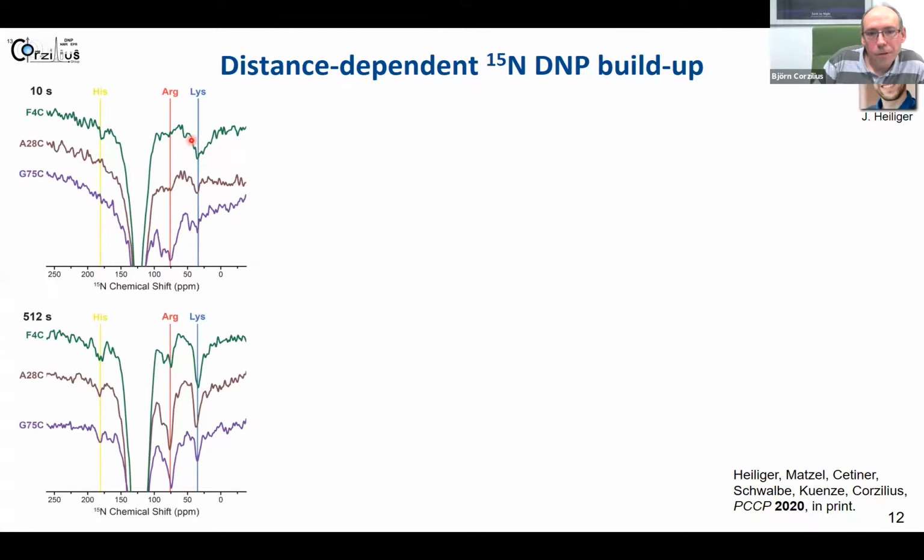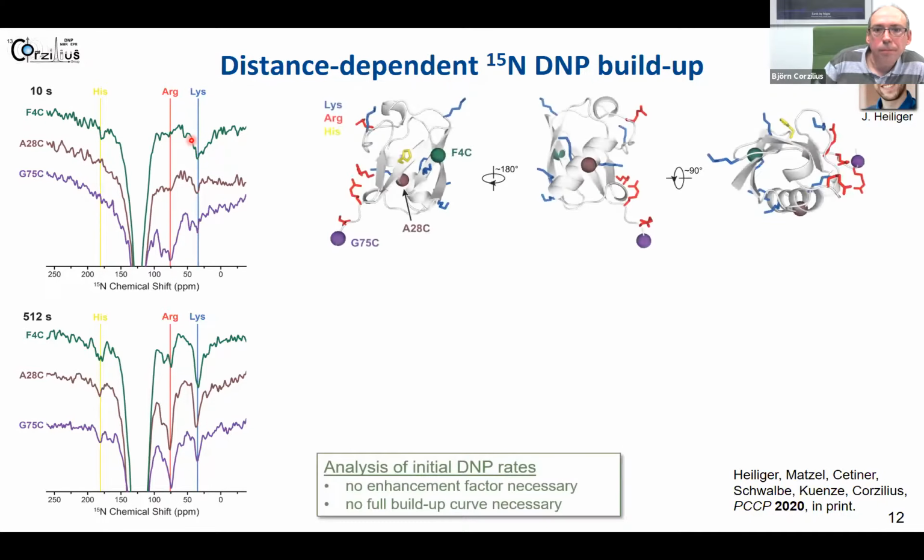If we compare these 3 spectra here for the 3 different mutants, with different distributions of amino acids over the protein, we see that, for example, for F4C, the lysines are quite strong initially.